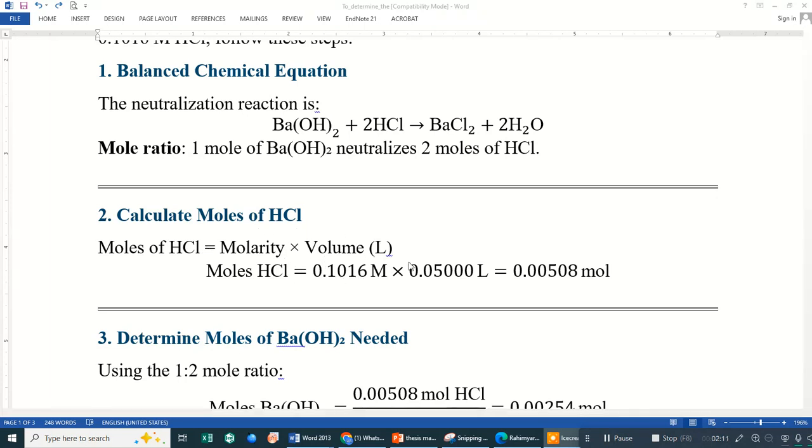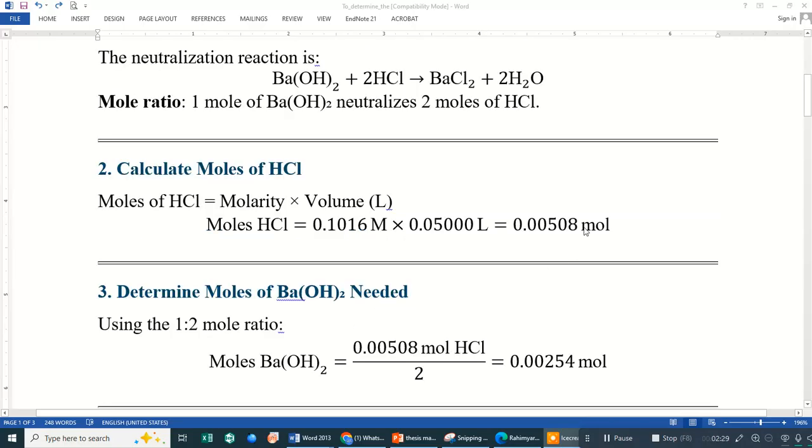First of all, change 50 ml of volume into liters and multiply with its molarity, and we find 0.00508 moles of HCl.